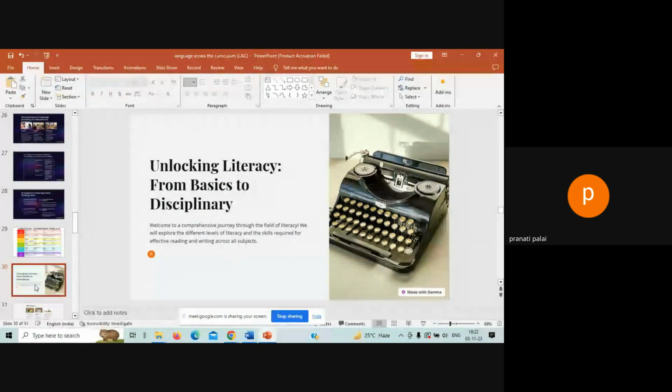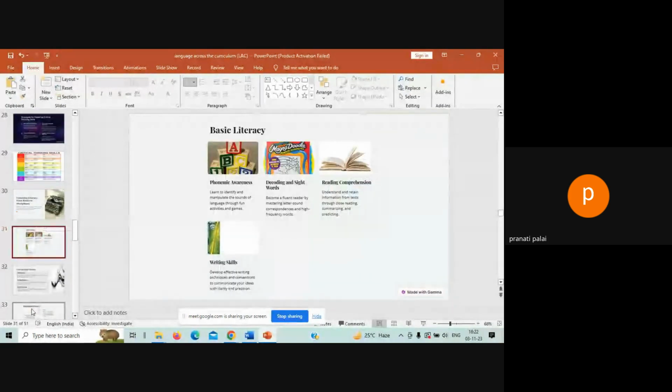So next is your unlocking literacy from basic to disciplinary. Basic literacy. Under basic literacy, there is phonemic awareness: learn to identify and manipulate the sounds of language through fun activities and games.